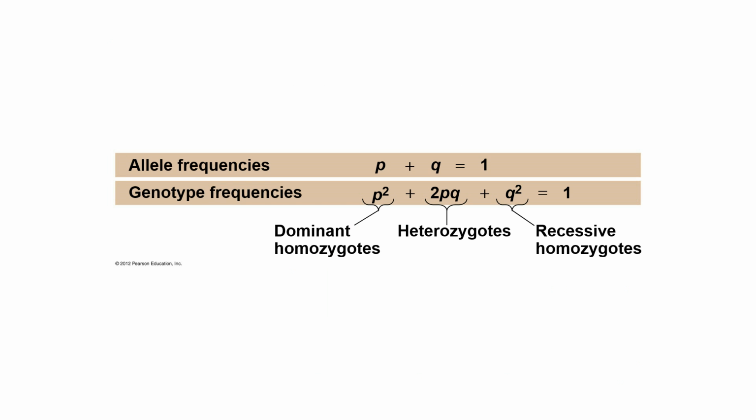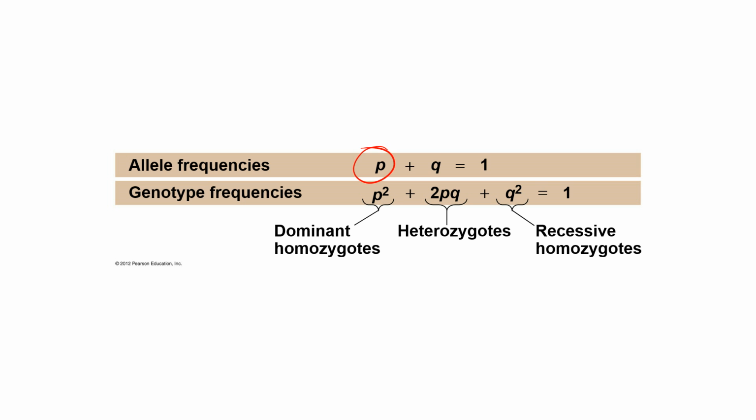Here are 2 equations you'll want to commit to memory. They are the Hardy-Weinberg equilibrium equations. The first equation is for the allele frequencies. For example, you have a dominant allele and a recessive allele.